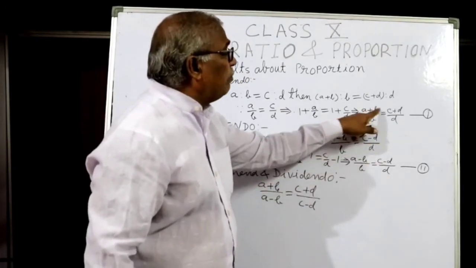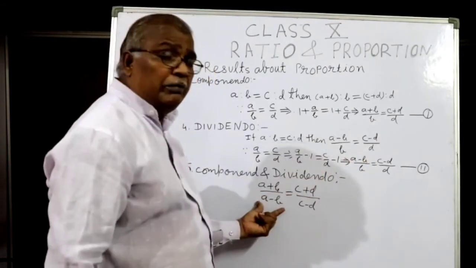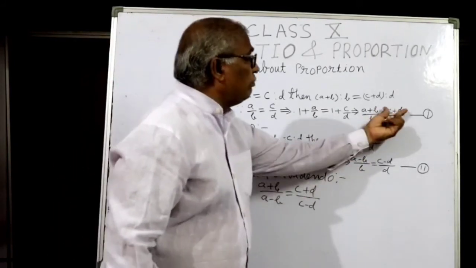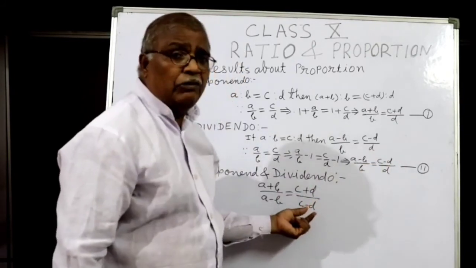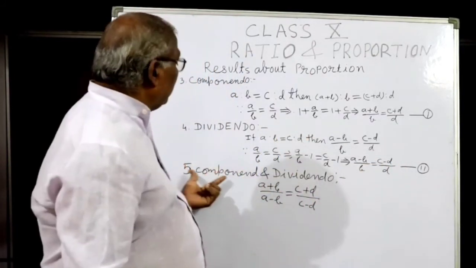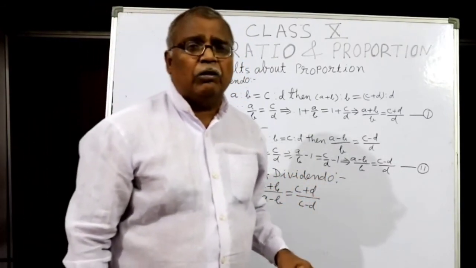Then you will get A plus B in the numerator and A minus B in the denominator. Similarly, C plus D in the numerator and C minus D in the denominator. This fifth property is called componendo and dividendo.